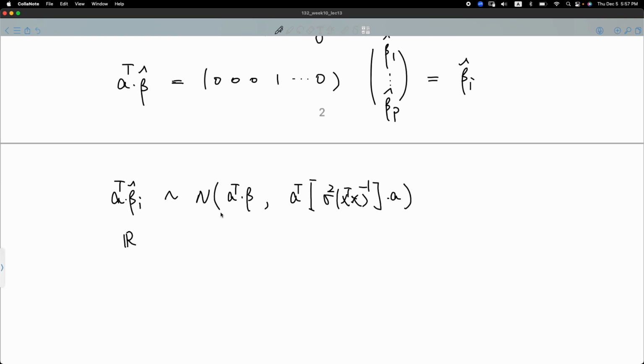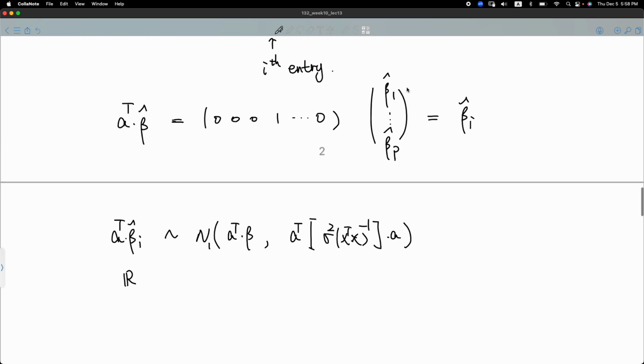So if you want, you can also put a dimension 1 here. It's just a scalar version. So the vector A will help us to extract a particular entry from your column vector, beta 1 to beta p.